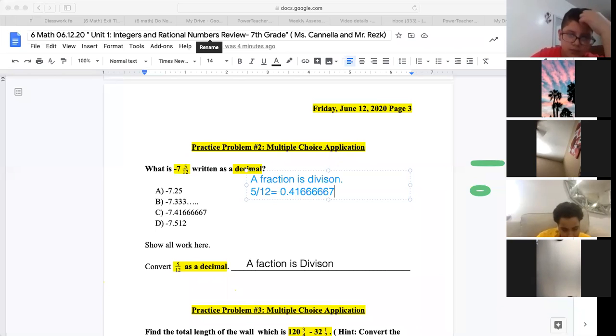Okay, so we have 5 6s and a 7, which means now, Hector, and the rest of you on here, because there's 31 of you, which answer choice has that decimal? Because the negative 7 is going to stay there, and I'm just going to add the decimal. What answer has those decimals that you just said? It's C. So it's going to be C, guys.